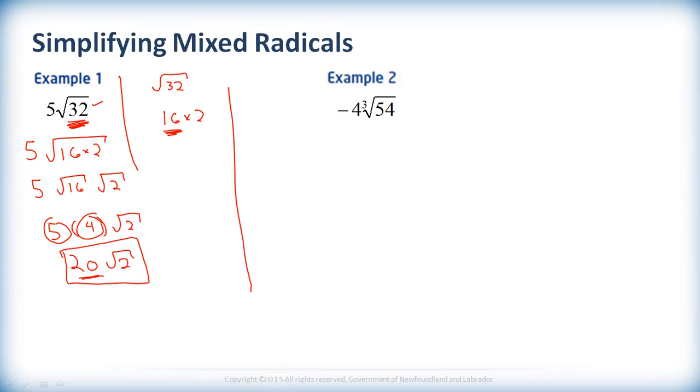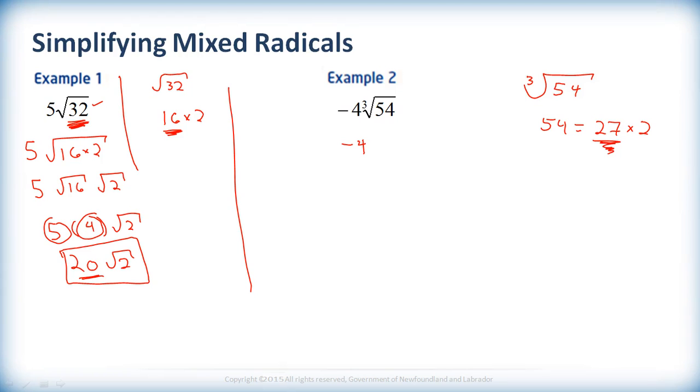So let's take a look at the second example. We've got negative 4 times the cube root of 54. Well, let's see, 54, I think that was one we dealt with before, wasn't it? Cube root 54. What did we say for 54? Oh, yes, now I remember. 54 we said was 2 times 27, right? And 27 is actually a perfect cube. That's 3 cubed.